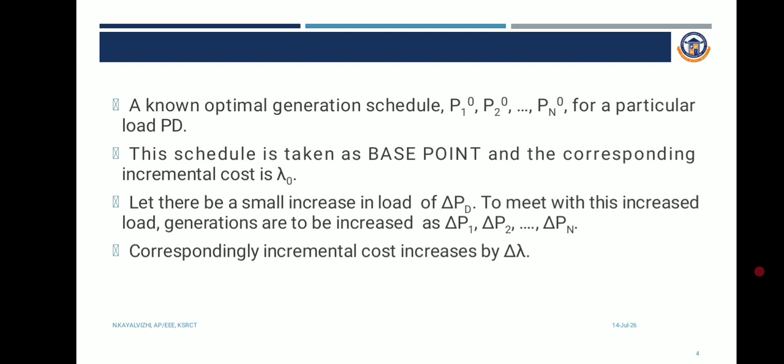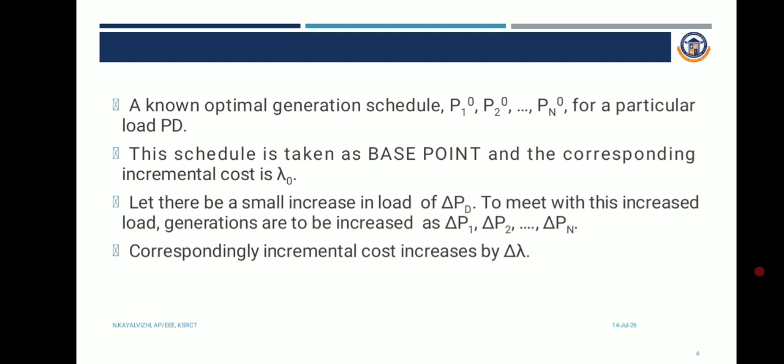Here the 0 indicates the initial values, and the numbers 1 to n are the number of units. P is the power demand for the particular load PD. This schedule is taken as the base point and the corresponding incremental cost is lambda naught.